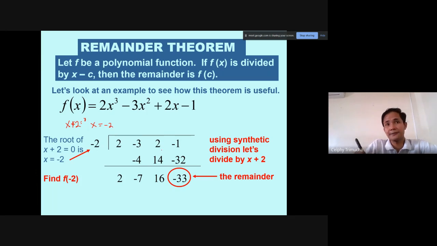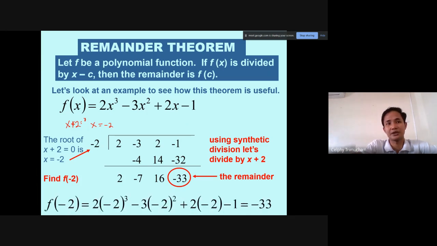So check by substituting negative 2 into our equation. So f of negative 2 means substitute negative 2 for all the x. I come up with an answer of negative 33, which is the same as the answer using synthetic division. So that is our remainder, negative 33.